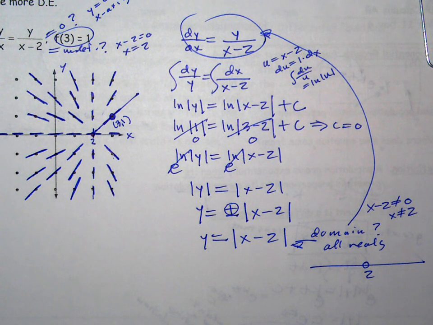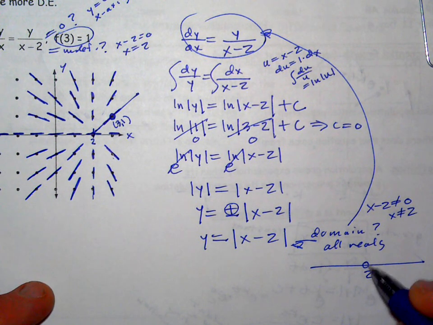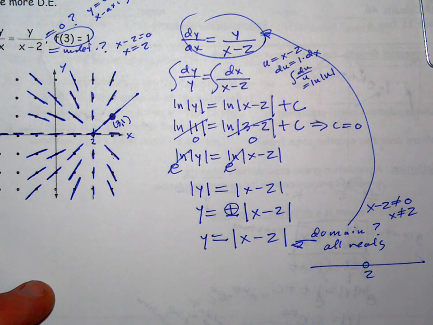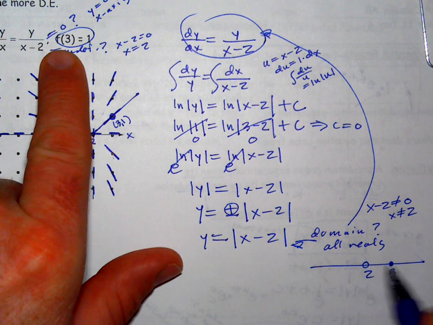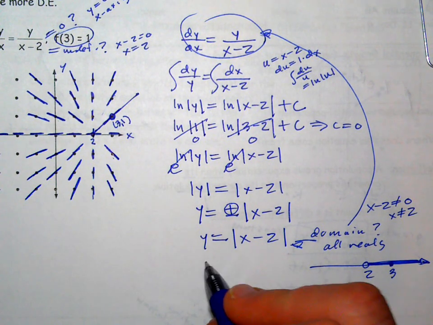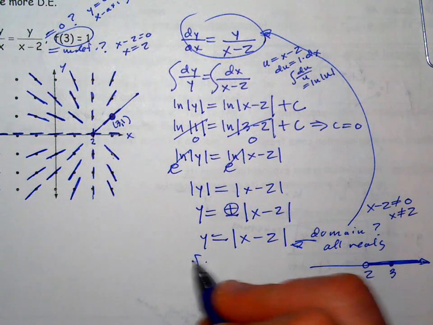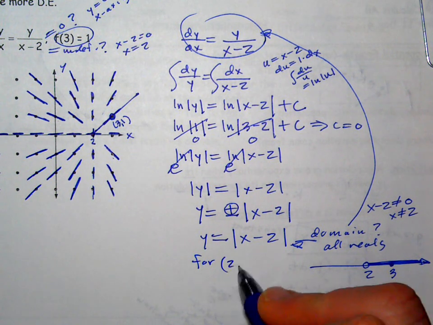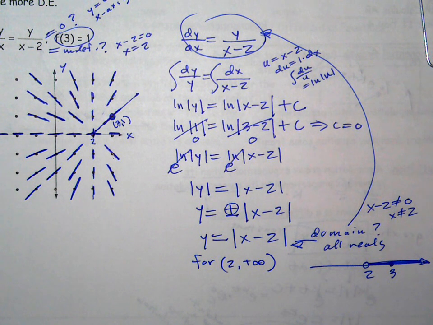And it's going to be a single open interval, meaning it's never going to be solid. And it depends on where the initial condition is. The initial condition is at x equals 3. So that's your domain. So the answer would be for 2 to infinity.